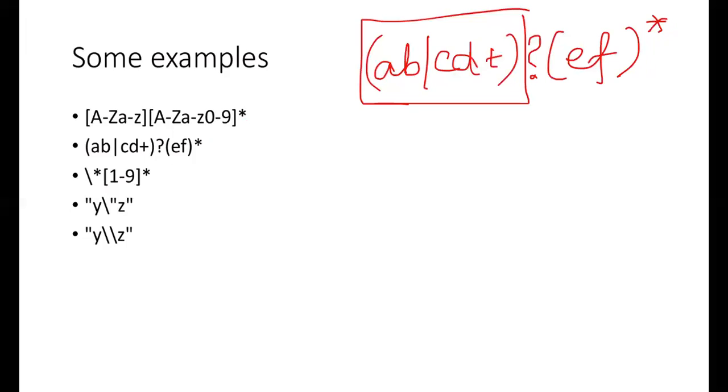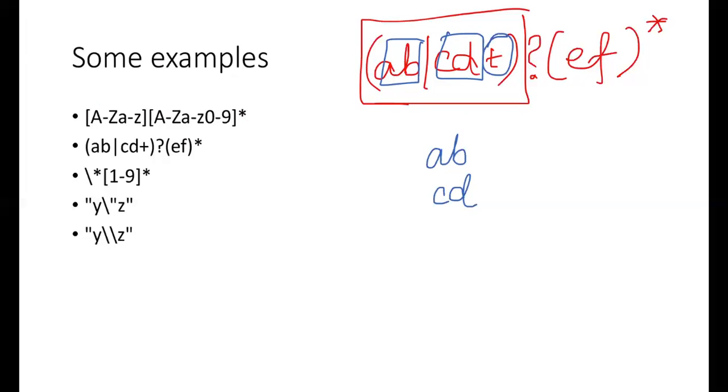In this group, what I have is this or this. It can either be AB or C followed by D one or more times, so D at least once. So I have a string that starts with AB or CD.